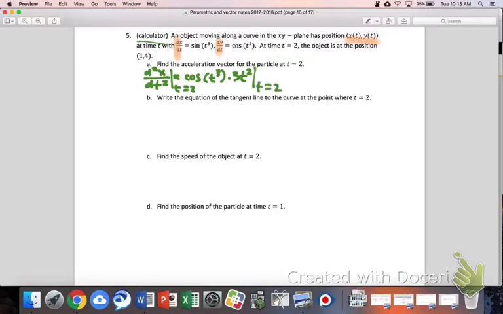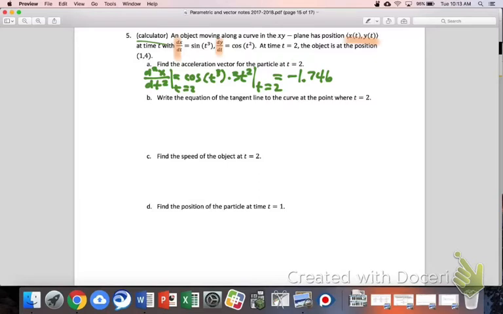What did you guys come up with for that? Cosine of 8 times 12. 12 cosine 8, I have no idea what that is. Negative 1.746. There we go. Okay, so that would be the x component. Make sense? We all good there?